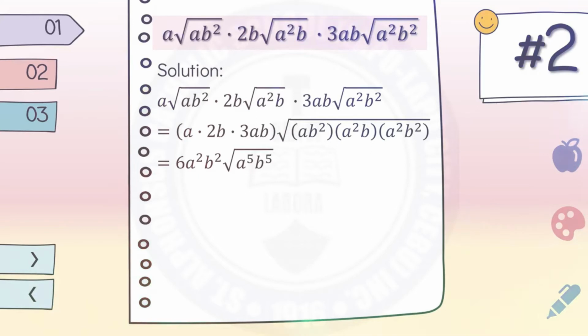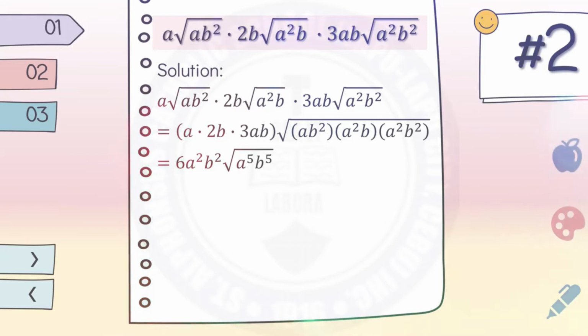While on the radicand, you have the quantity AB squared times the quantity A squared B times the quantity A squared B squared. And as we multiply the radicands, we arrive at A raised to 5, B raised to 5. So with that, we have 6A squared B squared square root of A raised to 5, B raised to 5.